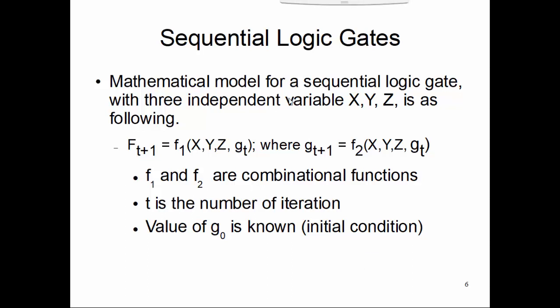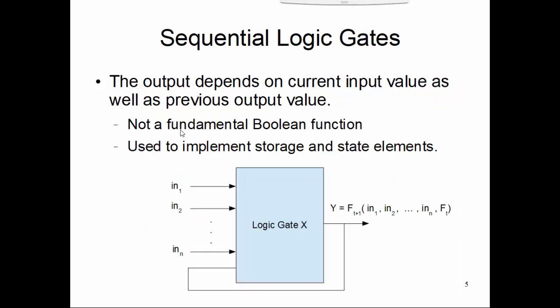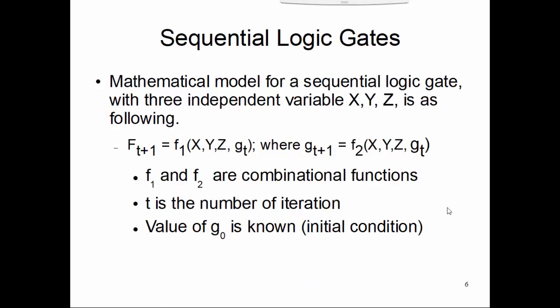Instead of saying that this function depends completely on the previous computation ft, we can make it a more generic definition: ft plus 1 is a logic function f1 which depends on xyz primary inputs and some old partially computed value gt. gt may be ft, that's fine, or gt may be a completely different function in general, where gt plus 1 is another Boolean function of xyz which also depends on its previous value.